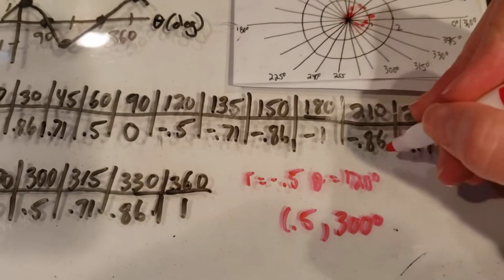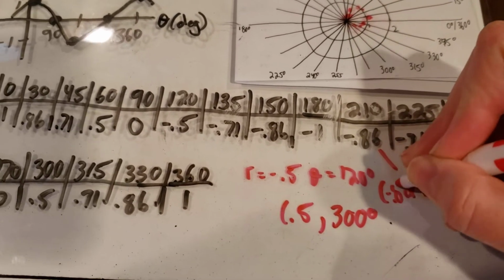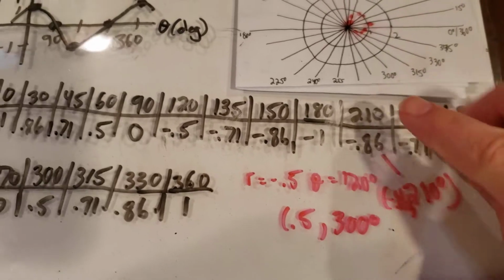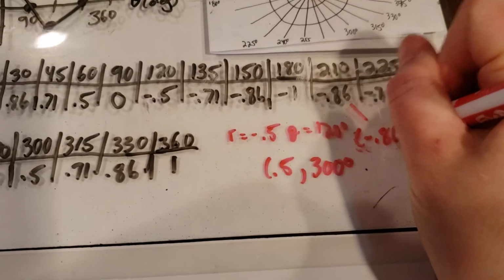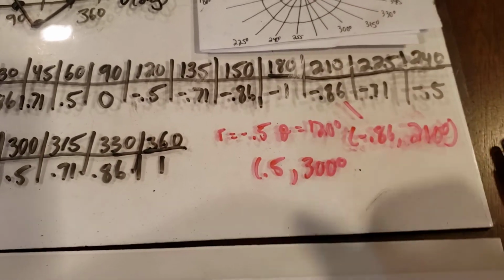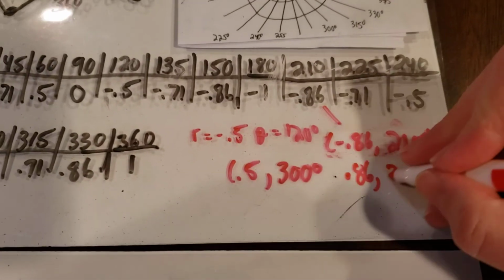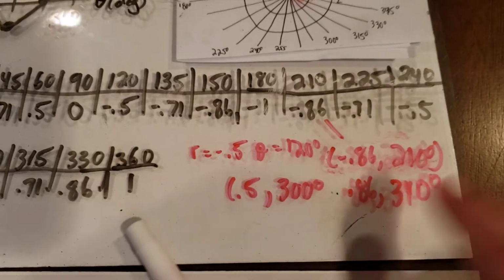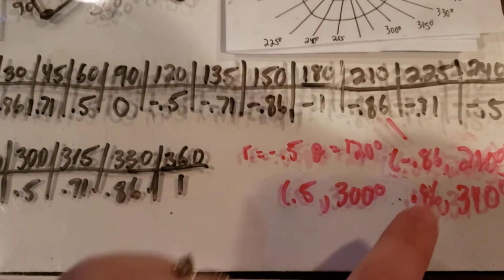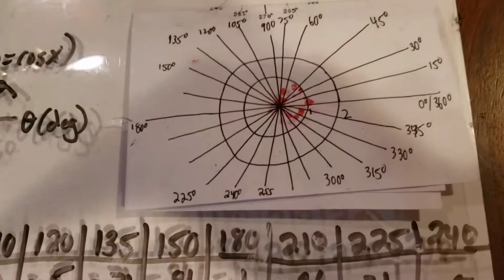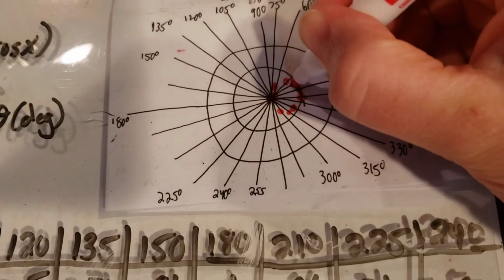Can't really see that, so let me redo that. -0.86, 210 degrees would become 0.86, 390 degrees. 390 degrees is coterminal with 30 degrees. Notice it's got the same r value, so it would just sit right on top of these points. So these points would just continue making this shape.